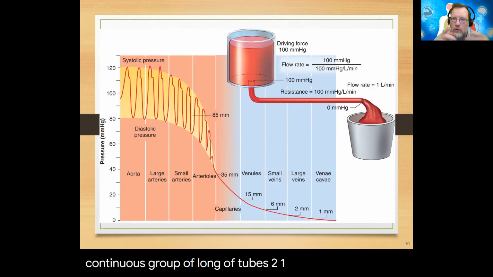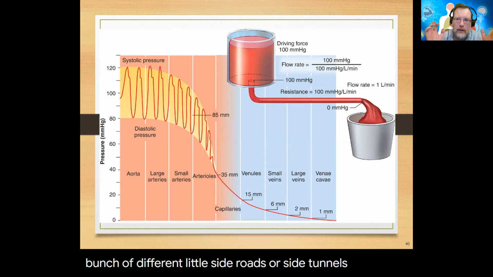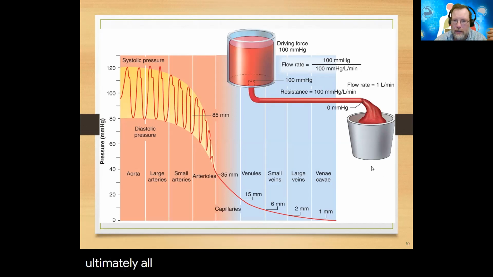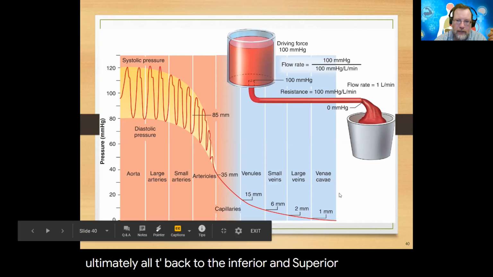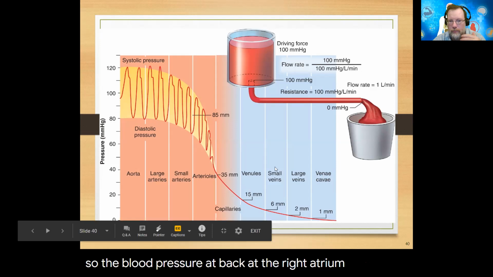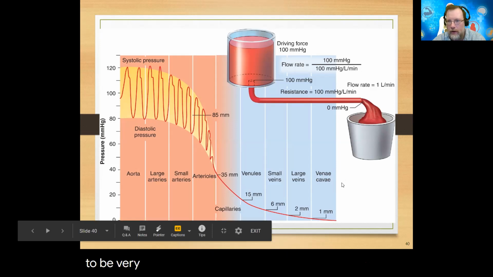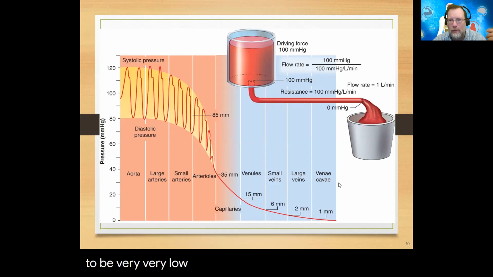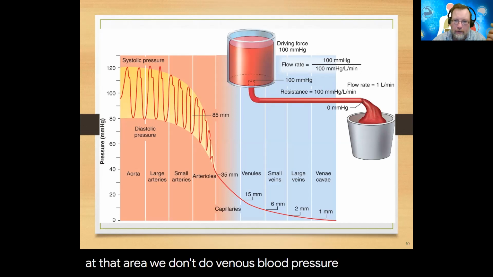It's one long tube with a bunch of different little side roads or side tunnels that still ultimately all reconnect back to the inferior and superior vena cava. So the blood pressure back at the right atrium is going to be very, very low. That's why we don't measure blood pressure at that area. We don't do venous blood pressure at the vena cava.